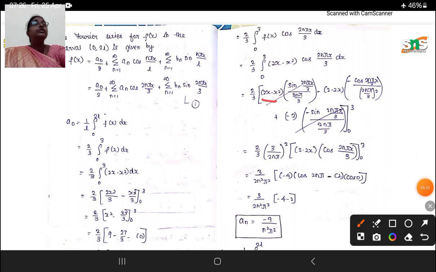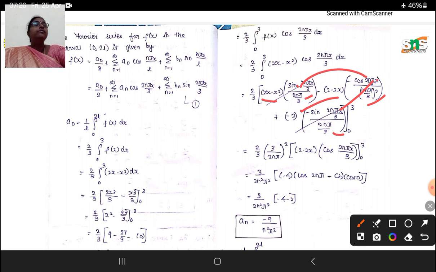The first differentiation: when you write u as 2x minus x squared, the differentiation of 2x is 2 and of x squared is 2x. After that, minus 2, and then integrating sine is minus cos, and integrating minus cos is minus sine. In the first integration one time, second integration two times, third integration three times.